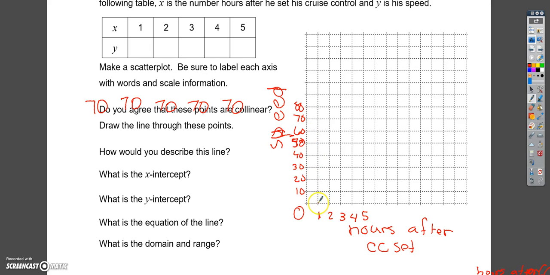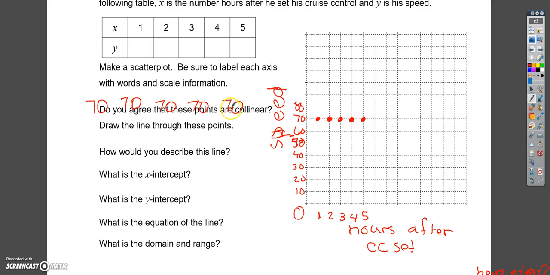So an hour after he set his cruise control, he was doing 70 miles per hour. 2 hours after he set it would still be 70. 3 hours would still be 70 miles per hour. 4 hours would still be 70 miles per hour. And 5 hours would still be 70 miles per hour.